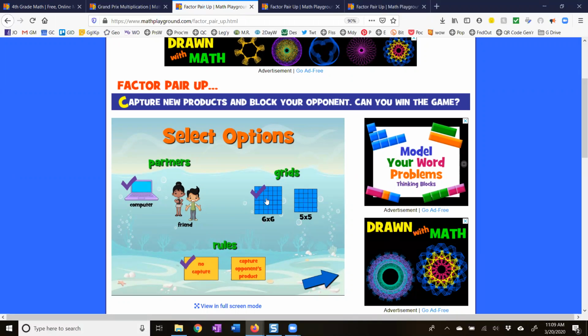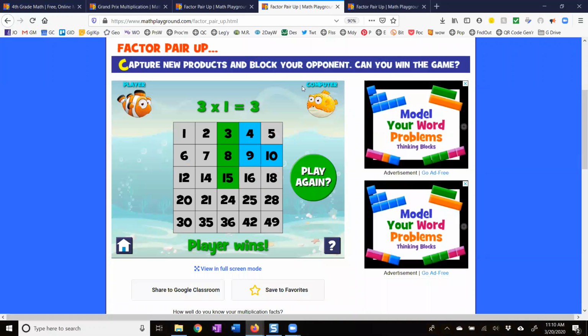In the 6x6 grid, you try to get 4 in a row. In the 5x5 grid, you try to get 3 in a row. And down here, there are 2 options, one for no capture and another one where you can capture the opponent's product. Now, let me show you a little bit about how this works.